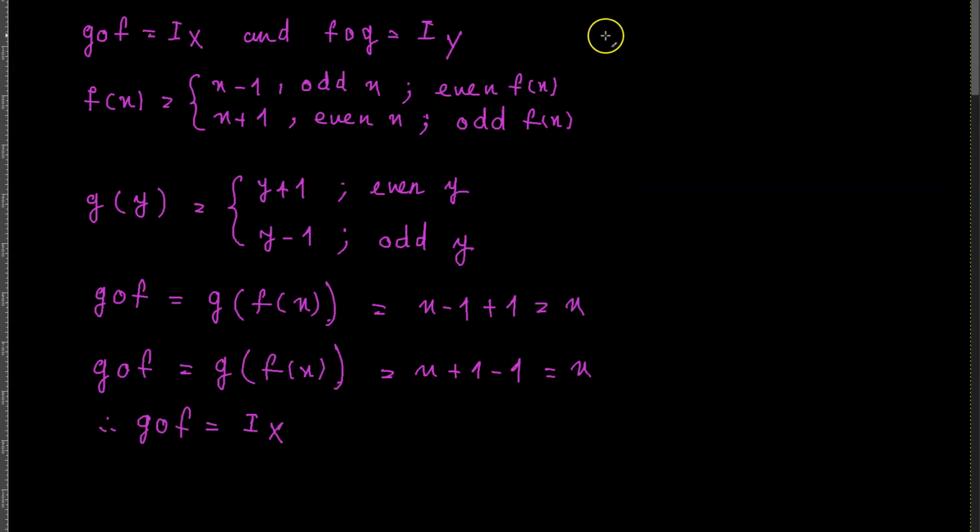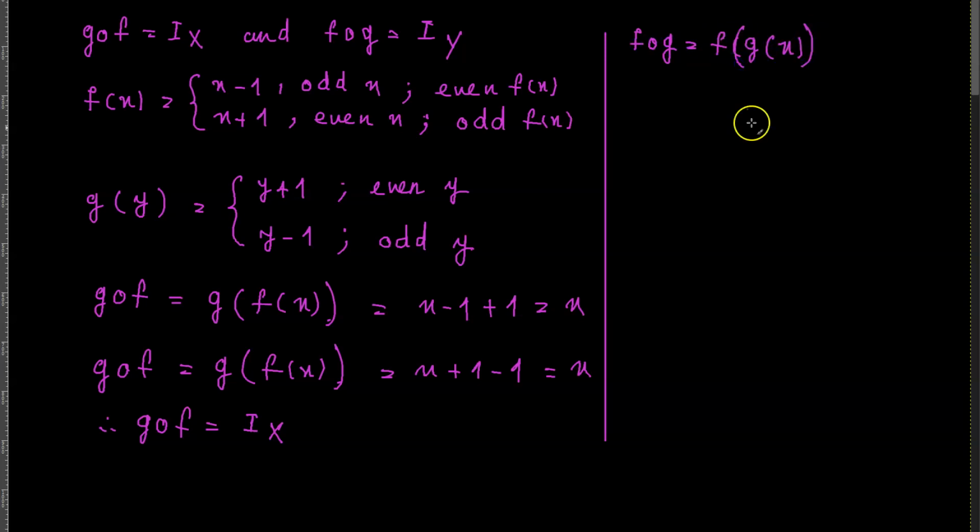Now, the second part of this is that we need to show that f∘g is equal to I of y. Now, f∘g is the same thing as f of g of x. So what I want to do is use this function g as an argument for the function f.